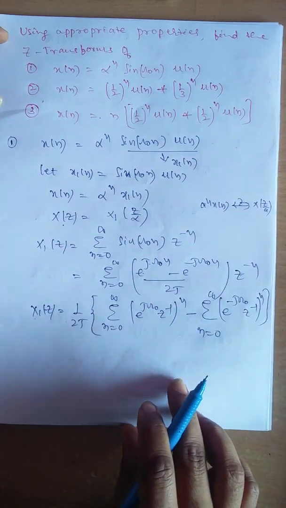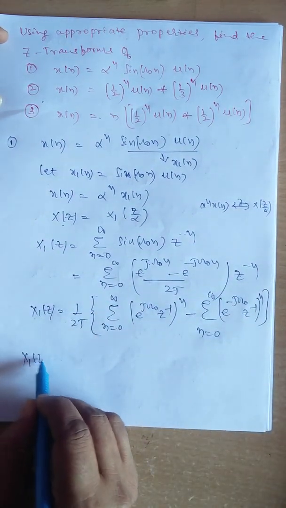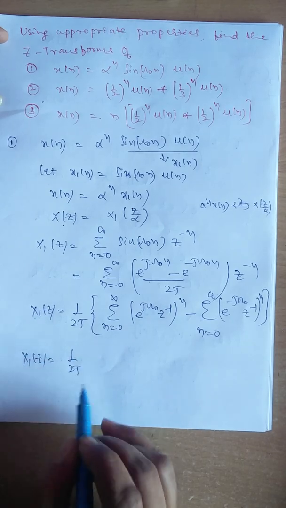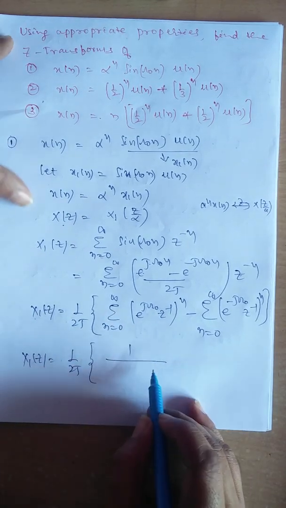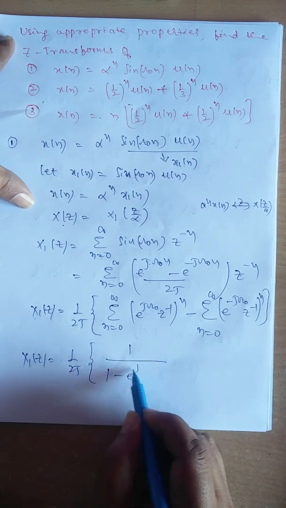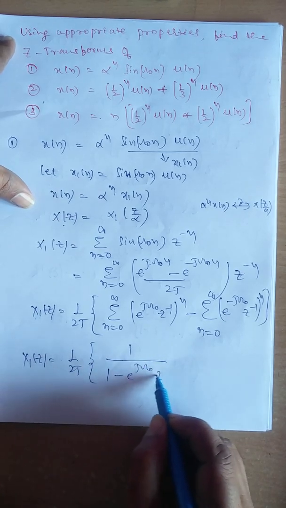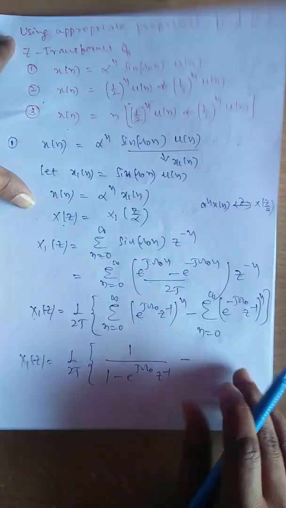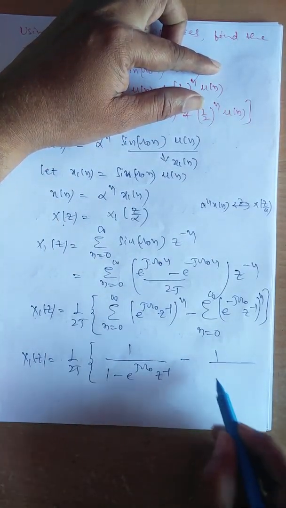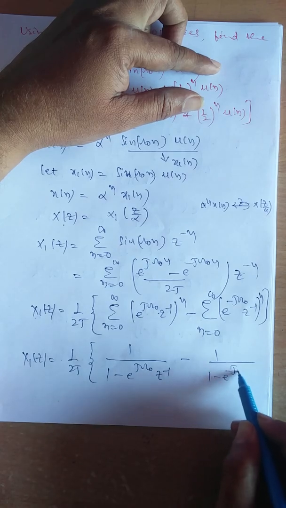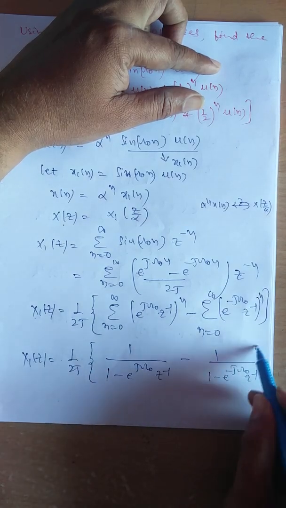Now x1 of z is equal to 1 by 2j times 1 divided by 1 minus e to the power of j omega naught z inverse, minus 1 divided by 1 minus e to the power of minus j omega naught z inverse.